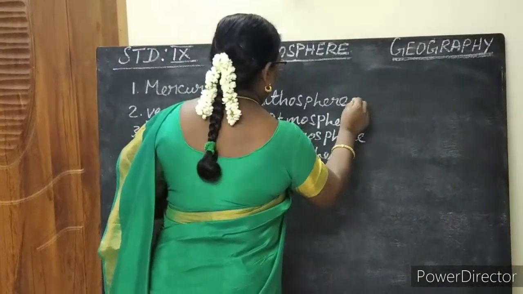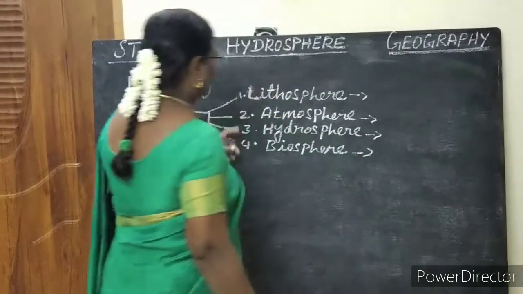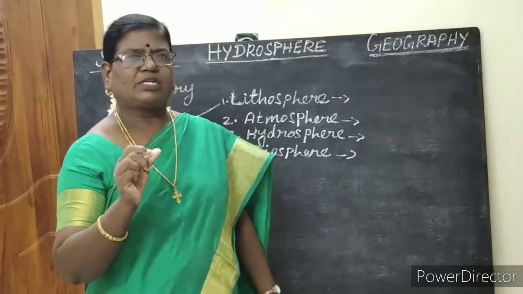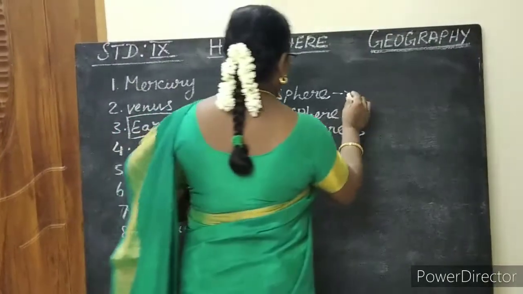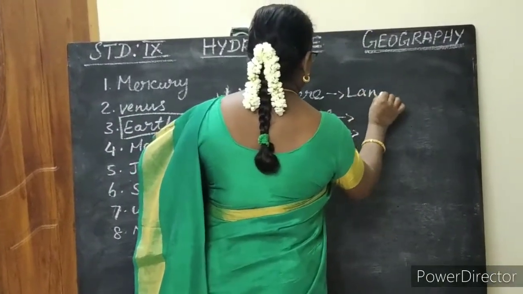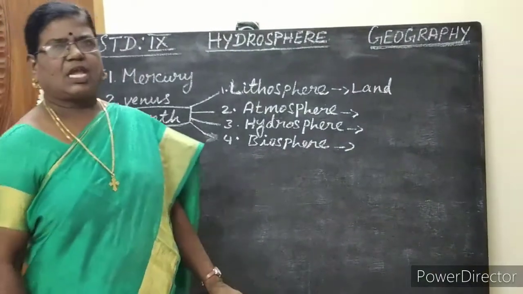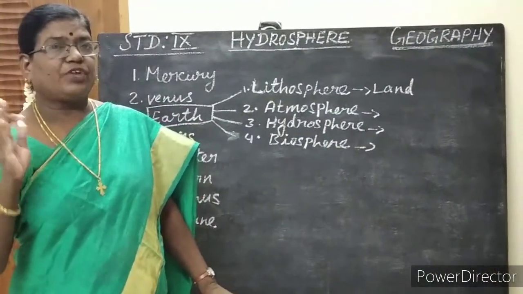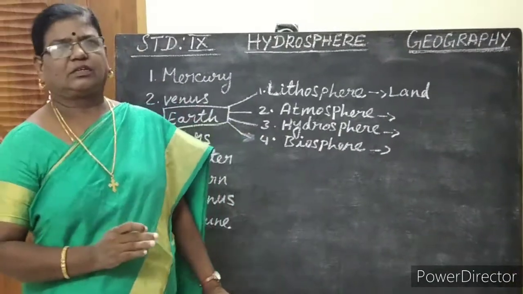Okay. Now, what is lithosphere? Lithosphere is the solid outer part of the earth. It specifies land. Then, what is atmosphere? Atmosphere is the thin layer of gases that surrounds the earth.